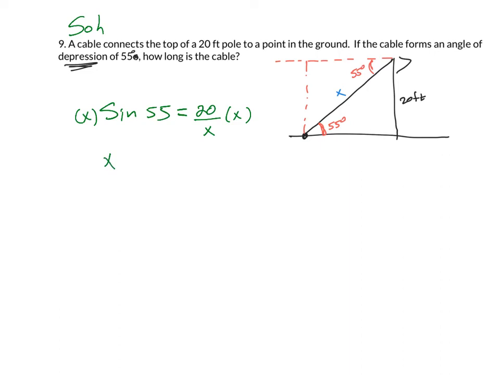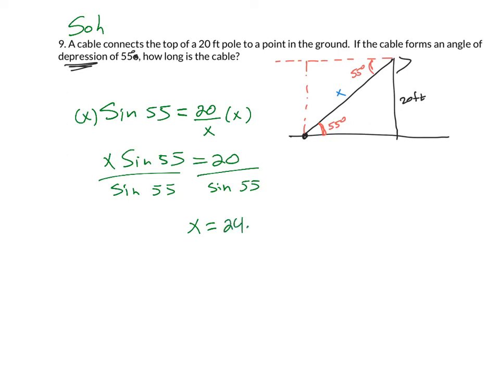So I have x sine of 55 equals 20. And now we're just going to divide by sine of 55. So x equals 24.4 feet. So the cable is 24.4 feet. That's it. See the next.